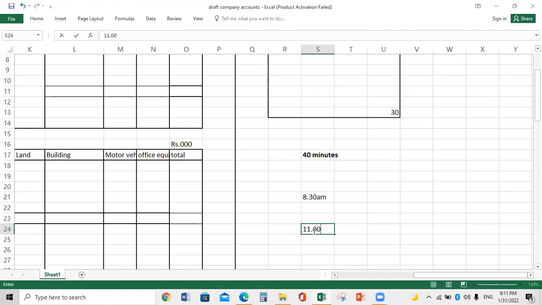So 11 a.m. to 11:40 a.m., you should do what? Company accounts. This time should be for company accounts. Then how many minutes remaining? 8:30 to 11 is 2.5 hours.